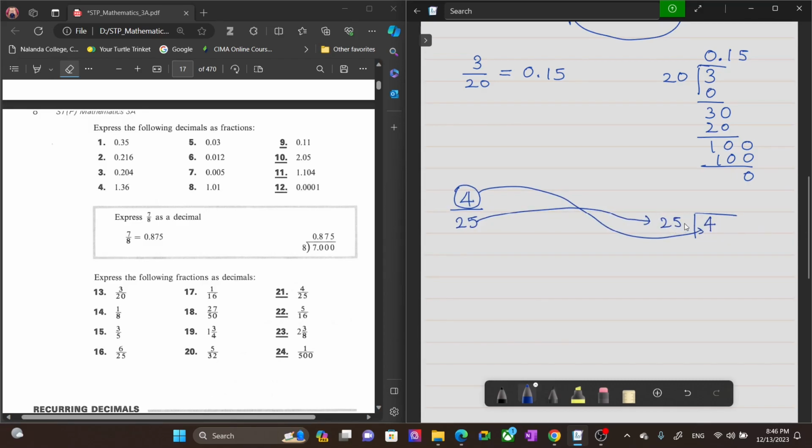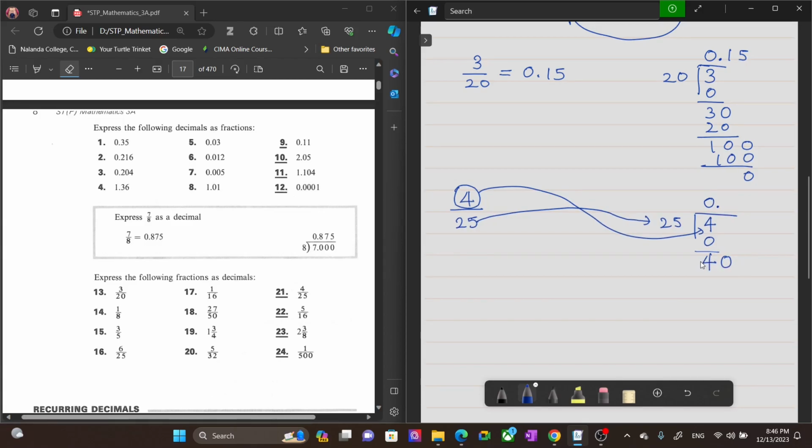How many 25s are there in 4? None, so we put 0. 25 times 0 is 0. Subtract, we get 4. Now we put a decimal point here and take another zero, so we get 40.